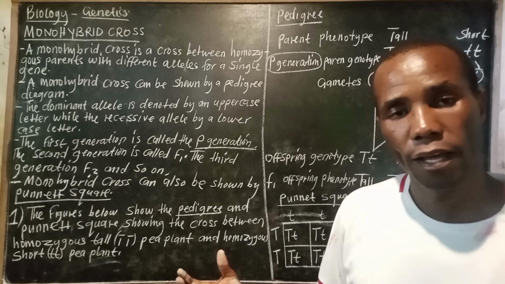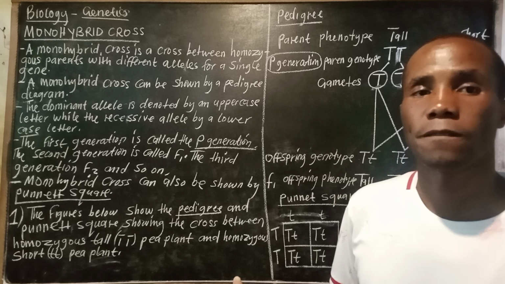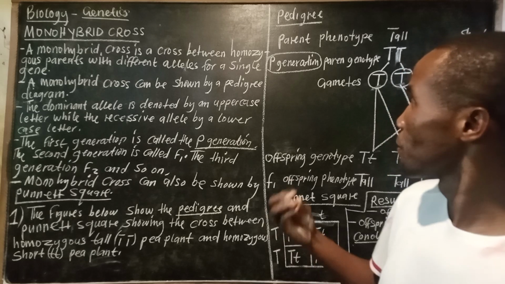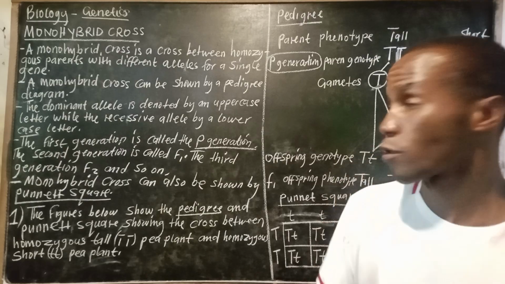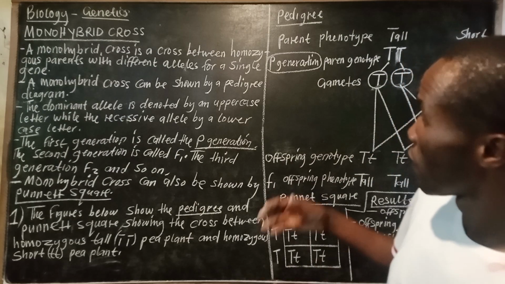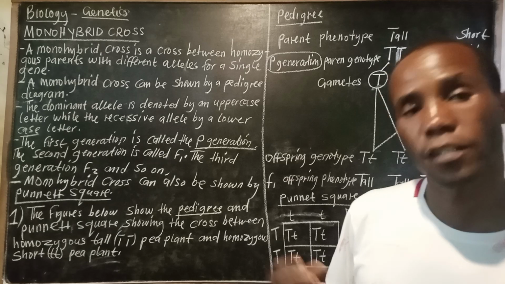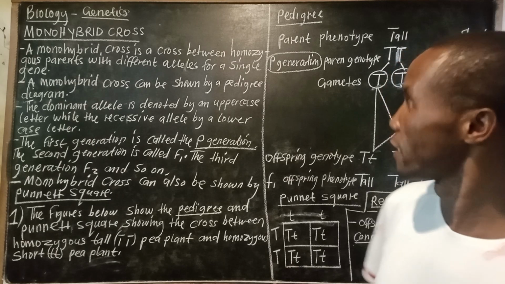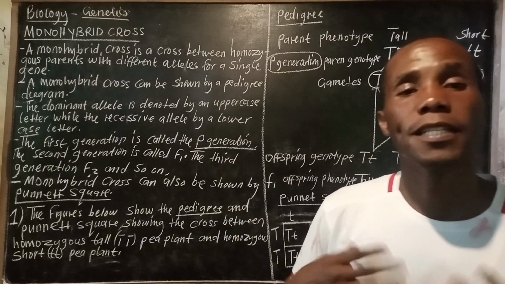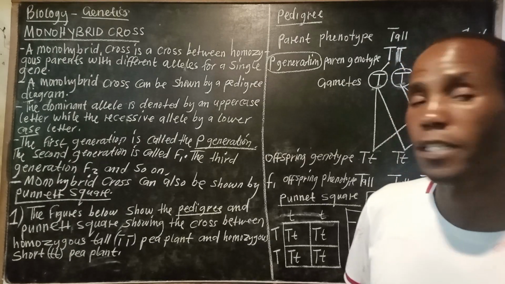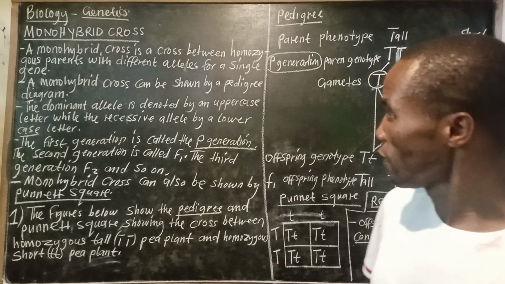When we say uppercase, we simply talk about block letters or capital letters. So the dominant allele or dominant gene is represented by capital letters, whilst the recessive gene is represented by small letters or lowercase letters.